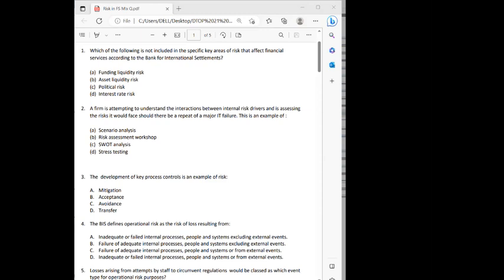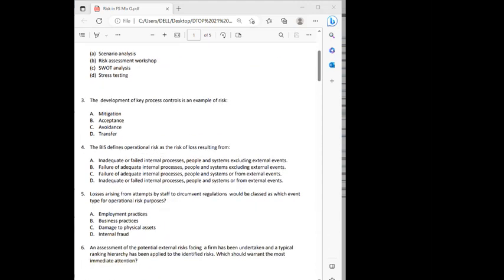Let's see what the question is. The firm is attempting to understand the interactions between internal risk drivers and is assessing the risk it would face should there be a repeat of a major IT failure. This is an example of scenario analysis, risk assessment workshop, SWOT analysis, stress testing. Yes, I think most of you have got it right. It's a scenario analysis. Answer is A. Good.